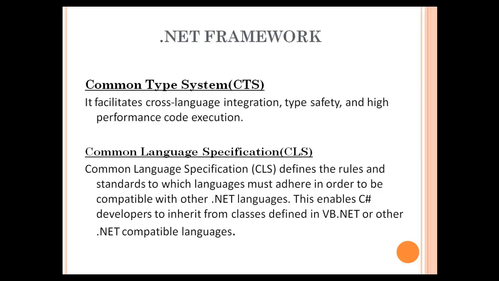CLS defines the rules and standards to which languages must adhere in order to be compatible with other .NET languages. This enables C# developers to inherit from classes defined in VB.NET or other .NET compatible languages. An application written in VB.NET can access an application written in C#, which also can access an application written in J#, and so on.